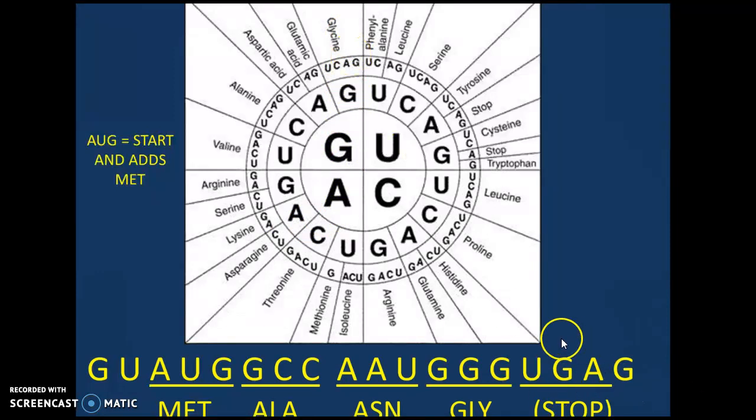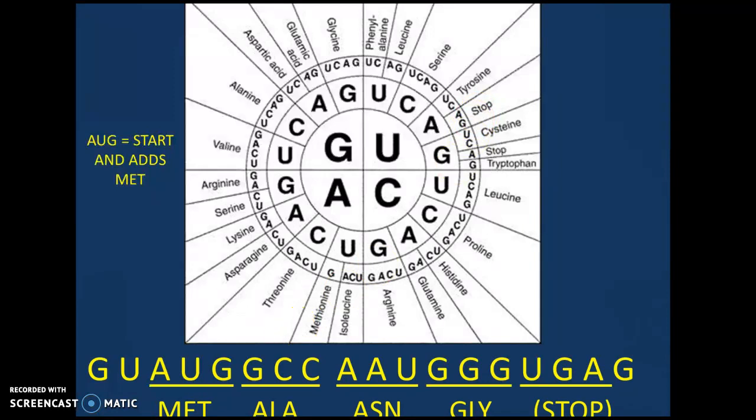And then our last codon, UGA, is one of the 3 stop codons in the genetic code. And so that tells us that this is the end of our particular amino acid sequence, and we will stop reading off codons at that point. You'll note that the other 2 stop codons are UAG and UAA.